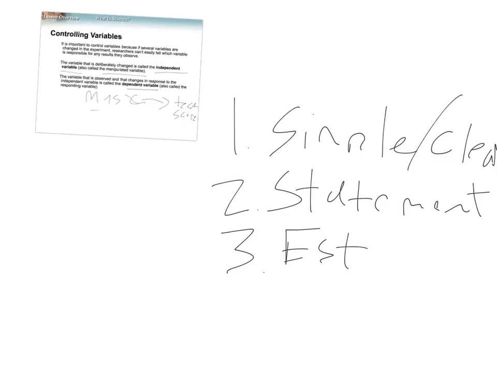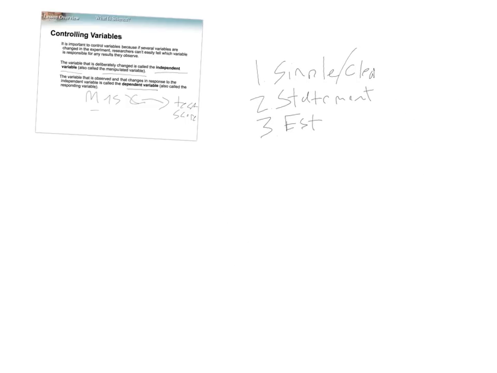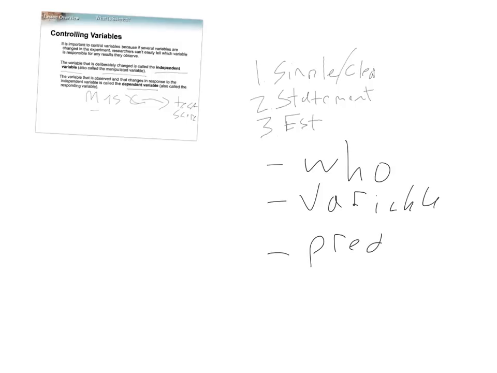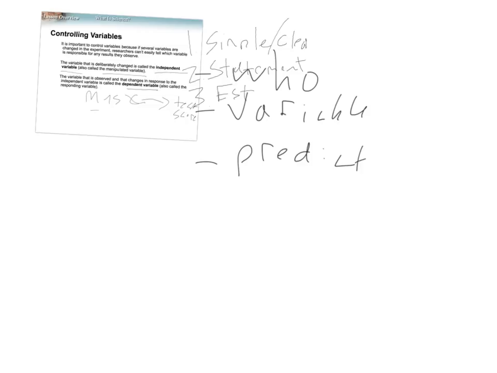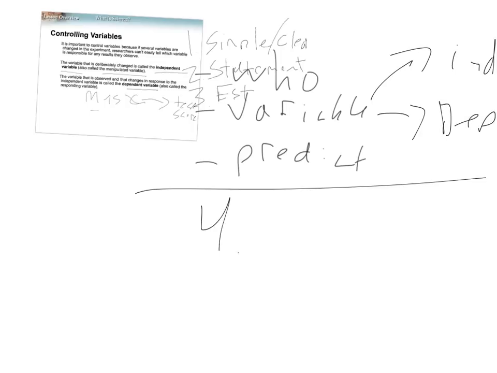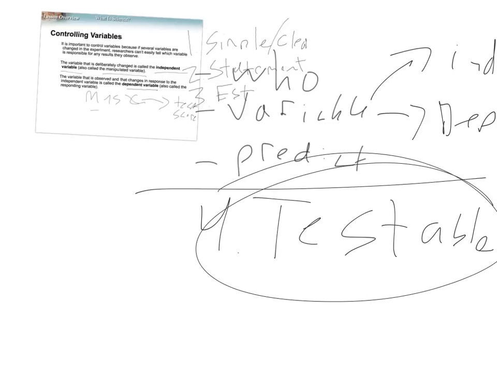You should establish for the reader, 1, who is participating in this, or what species, what organism. 2, what variables are going to be used, and a prediction of results. How will you know what will happen? They will grow taller, things like that. Remember, when you talk about the variables, then you should also have the independent and the dependent variable. Okay? The last thing that I would put, number 4, and this one's the most important, it must be testable. Can't emphasize that enough.